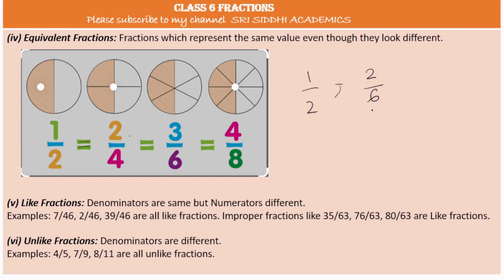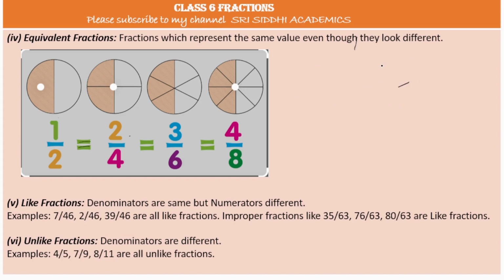Are they equivalent? Here see 2 and 6, both numerator and denominator have a common factor 2. If I remove the 2, 2 ones are 2, 2 threes are 6, I reach at 1/3. The fraction 1/3 is not equivalent to 1/2. So here I can safely say 1/2 and 2/6 are not equivalent fractions.